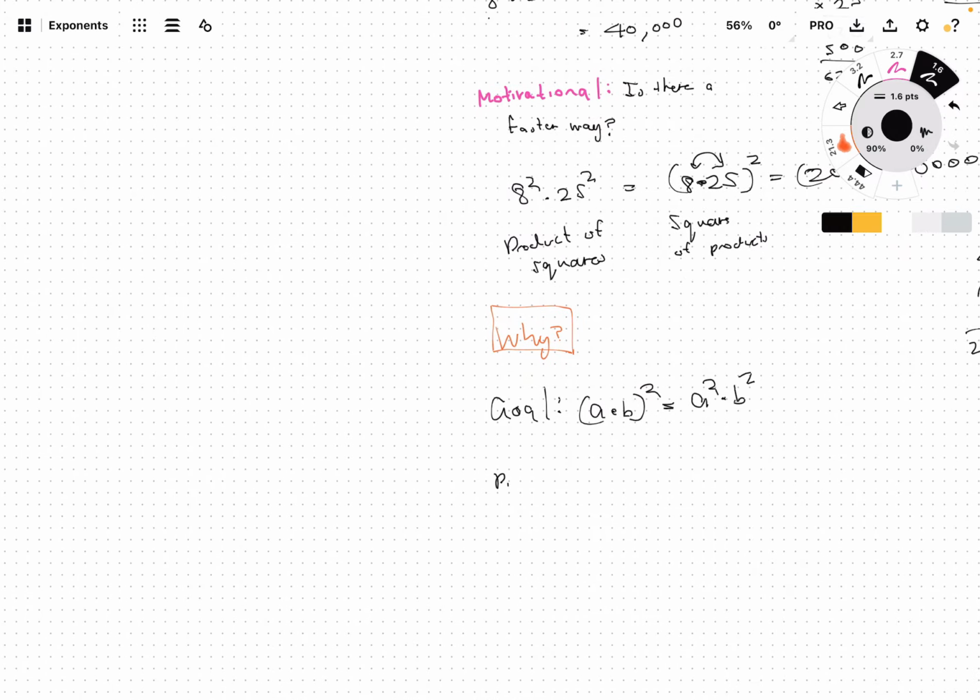And here's the proof. Let's start with the left side, a times b squared. By definition of squares, we know this is a times b times a times b. So this is just the definition of squares.